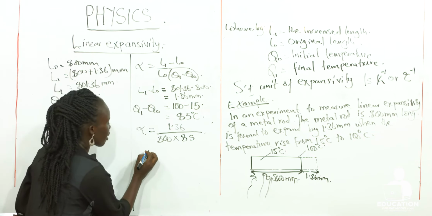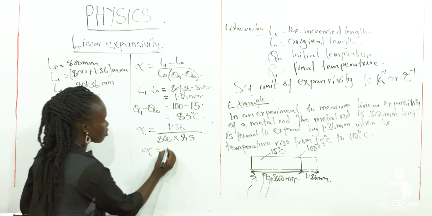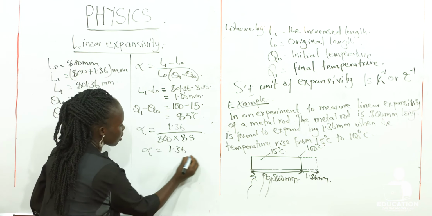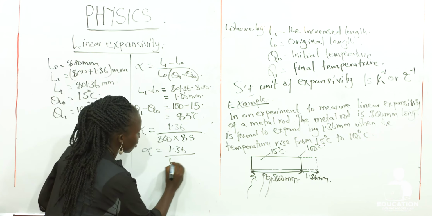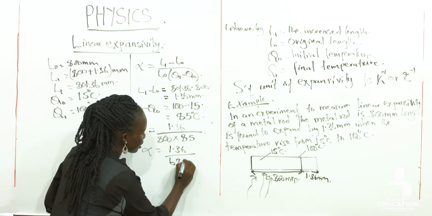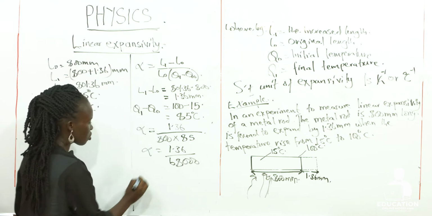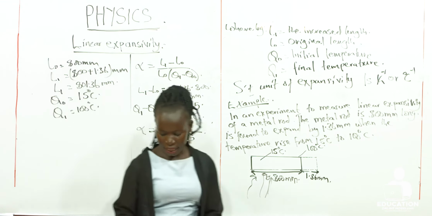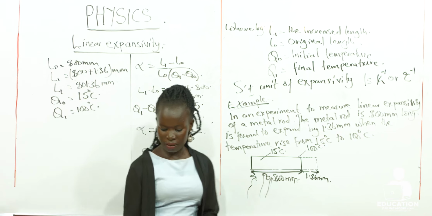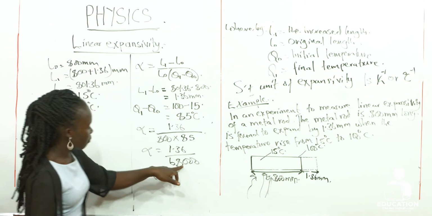So we shall have our expansivity, which will give us 1.36 divided by 68,000.